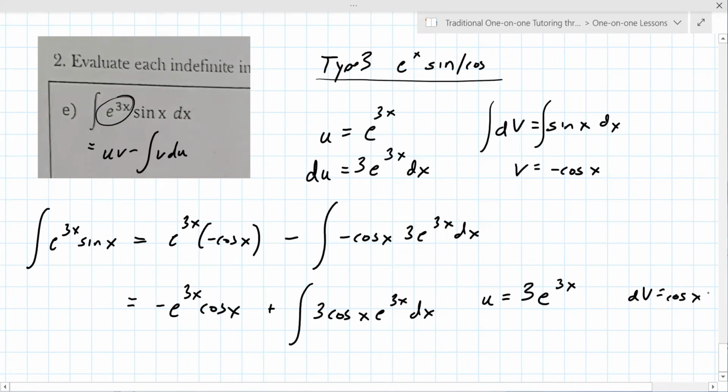Okay. Dx. So now your du is e to the 3x. Here's your 3, but then you have another 3 from chain rule there. Okay. So your du ends up being 9e to the 3x dx. The antiderivative of cosine is sine. Thank goodness, it's not too bad.